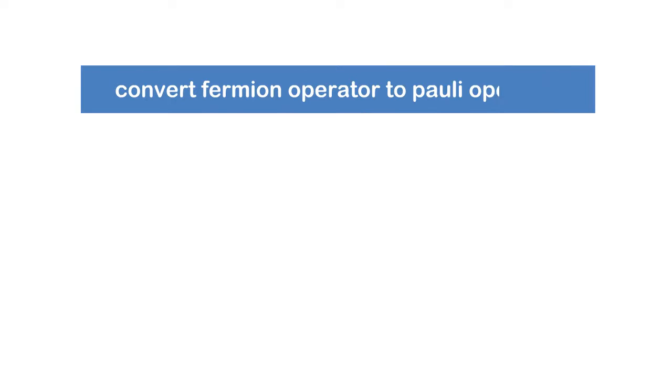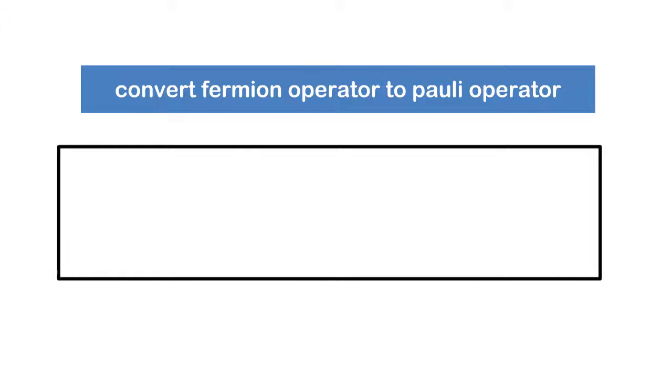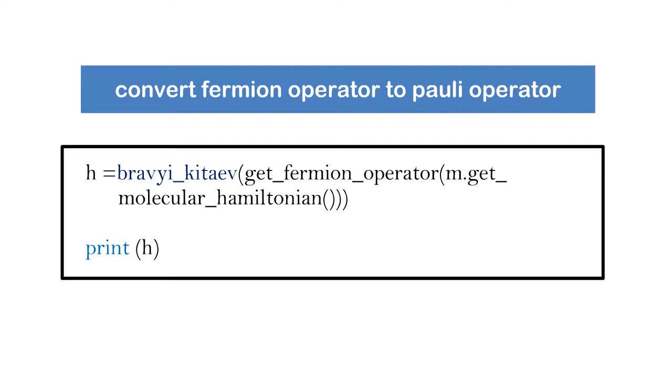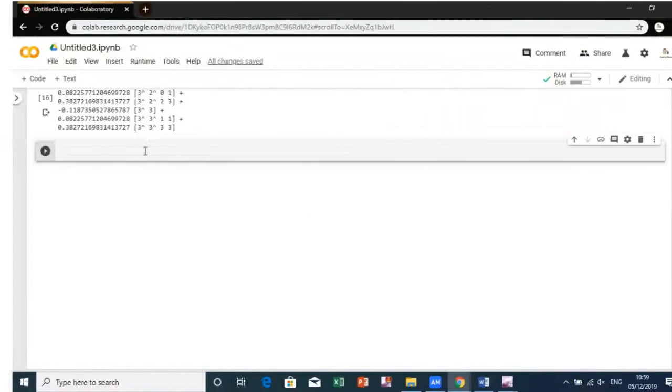Let's convert the fermion operator to the Pauli operator of quantum computation, which can be done by the following code. Now let's do it on Google Colab.